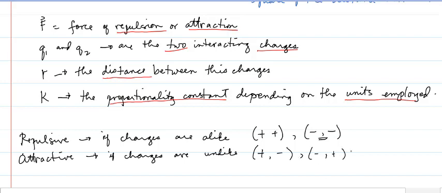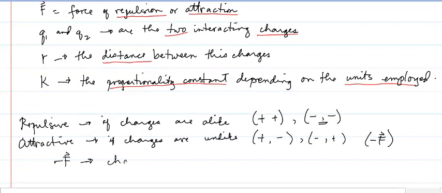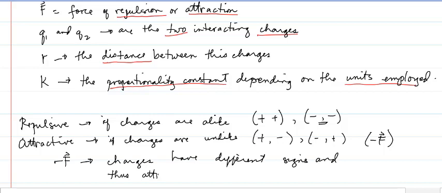The resulting force in this case is negative force. So meaning, if negative force, charges have different signs, and thus attractive.